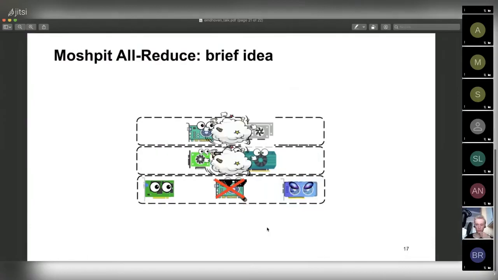And also, if some of the peers decide to drop out of the training, you're only losing the averaging results in this small group. So basically, this is a simple way to average your parameters across the network, and it converges to the global average without requiring the global synchronization.